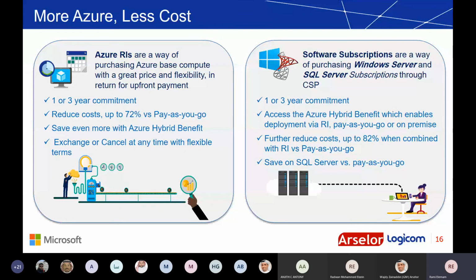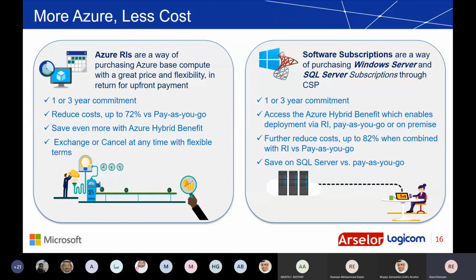You can use the open license with the Software Assurance on Azure, and you can pay for the storage and computing only, and this is called Azure Hybrid Benefit.